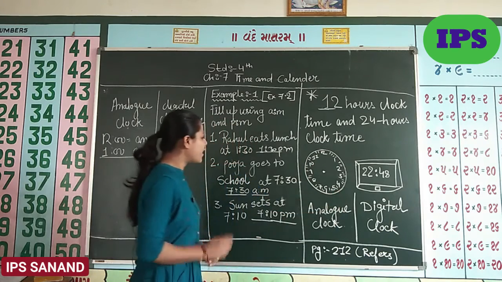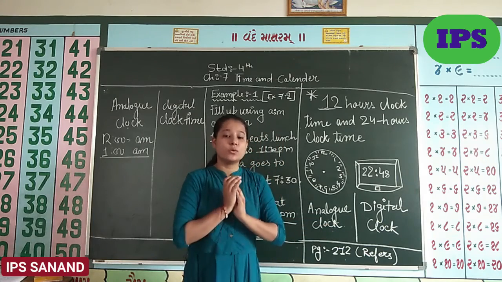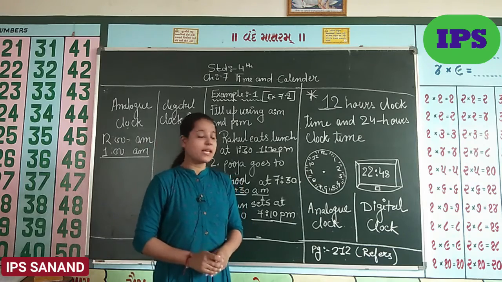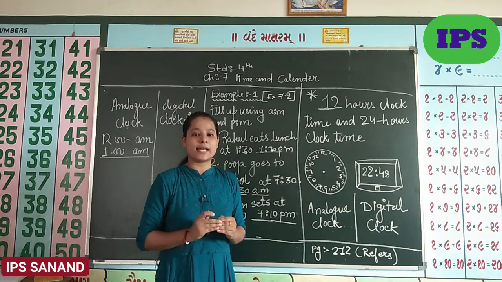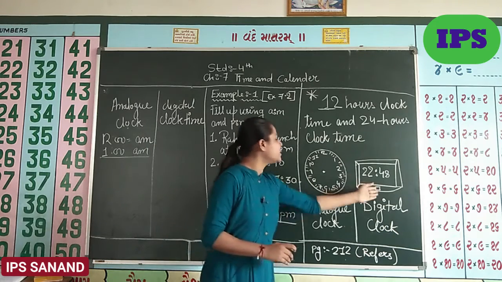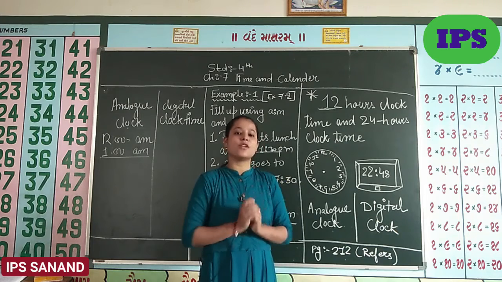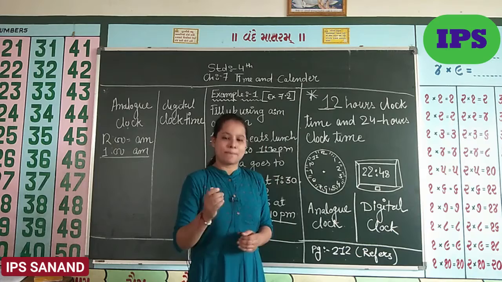Okay, so I have to tell you one thing. In analog clock, we use the AM and PM system. Okay, because it is very important to differentiate the time. But in digital clock we don't use AM and PM, because we know after 12 o'clock it will automatically be PM.